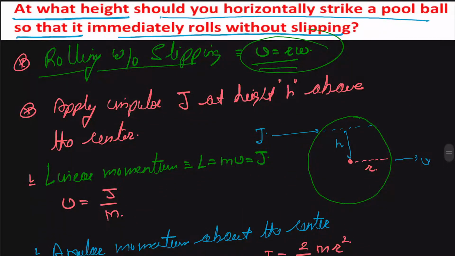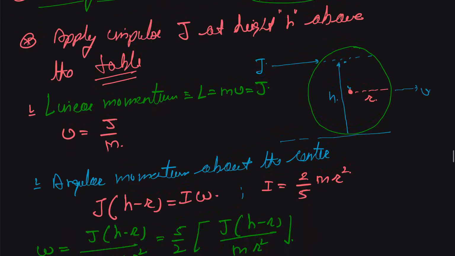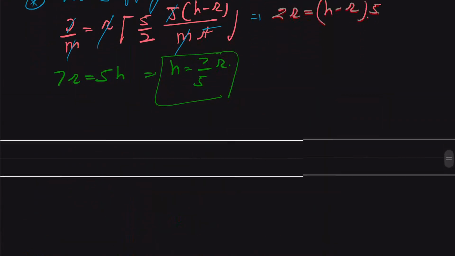Oh, sorry, here I forgot. This height is from the table, not from the center. That's my mistake. So this is the table. Okay, height above the table, not center. Okay, so we found out that our height h from this table, or we can also find out from the center.